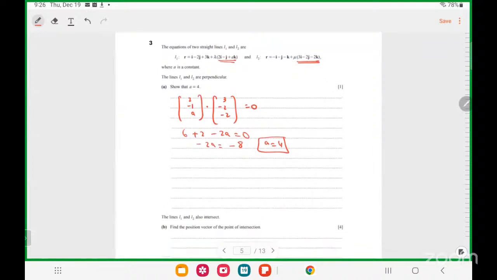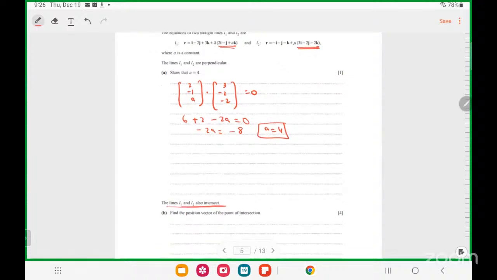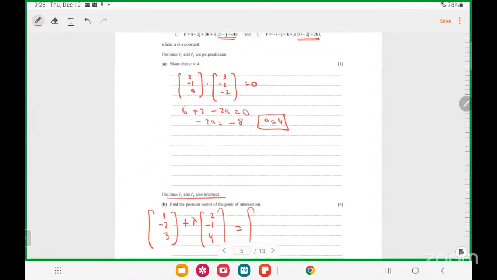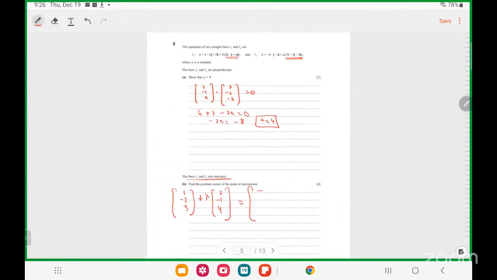Then the question says that L1 and L2 also intersect. Find the position vector of the point of intersection. So 1, minus 2, 3 plus lambda times 2, minus 1, A, and we will write 4 in place of A. Equals minus 1, minus 1, minus 1 plus mu times 3, minus 2, minus 2.